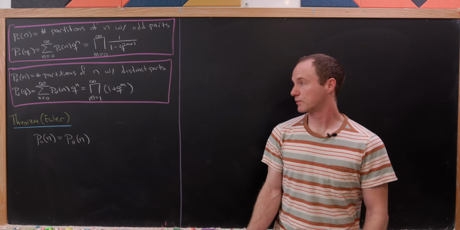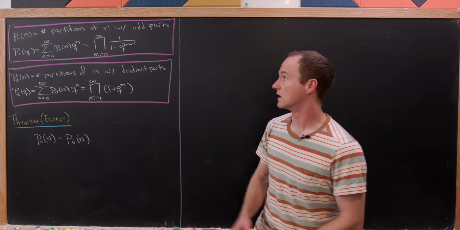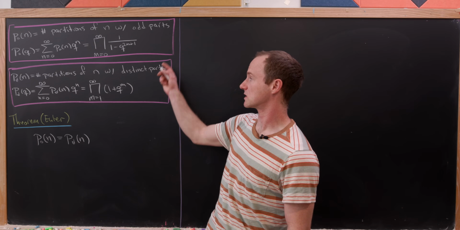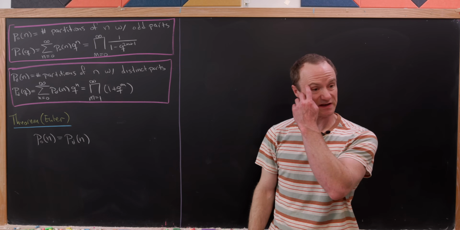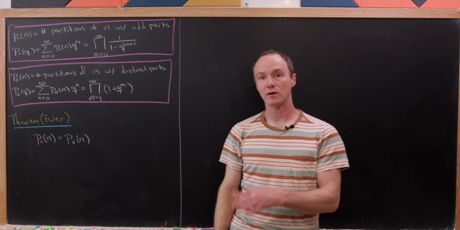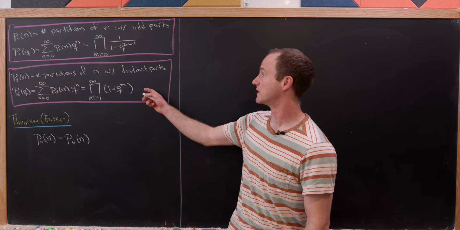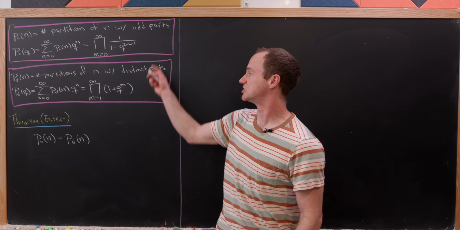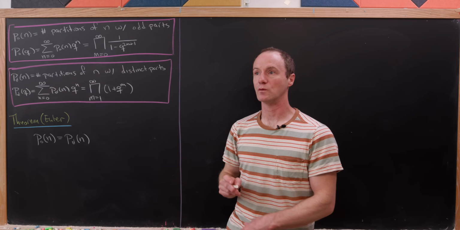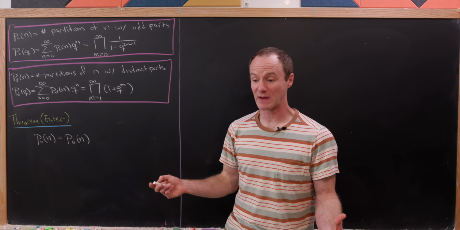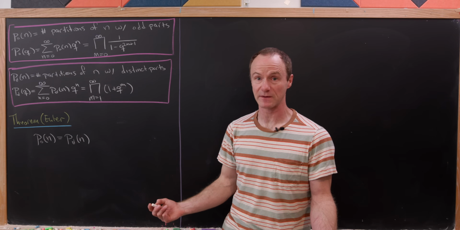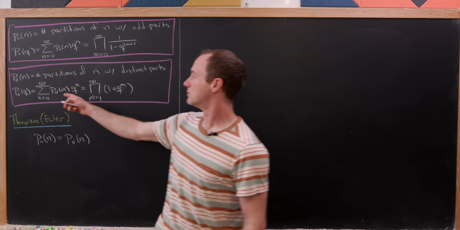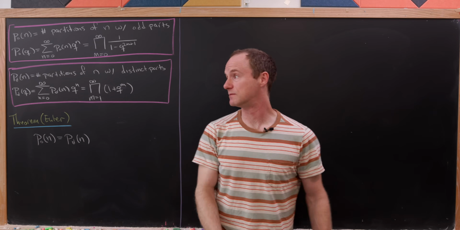Now, this theorem that we're going to prove, which is due to Euler, is that the number of partitions with odd parts is equal to the number of partitions with distinct parts. And we'll prove this simply by showing these two generating functions are the same. But if these generating functions are the same, then when you expand them all out as power series, the coefficients of the power series are the same, but that gives us our result immediately.